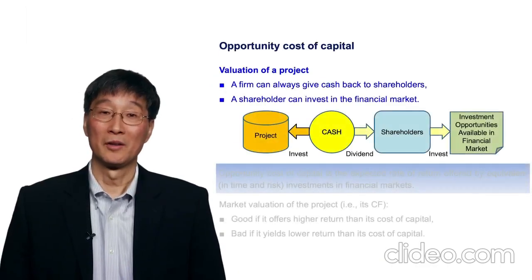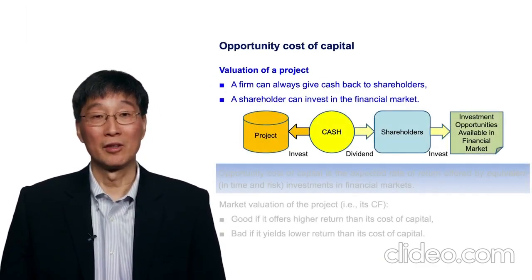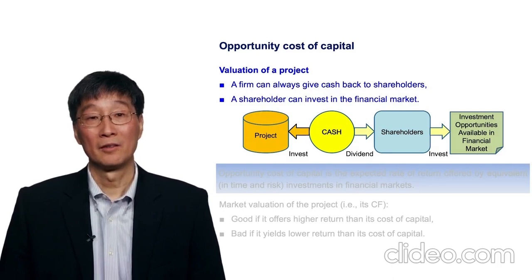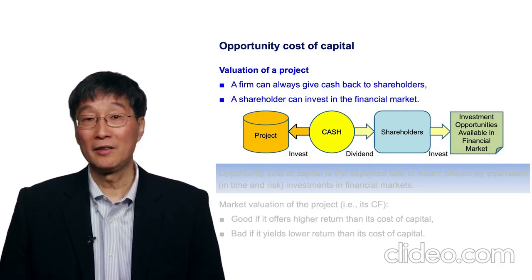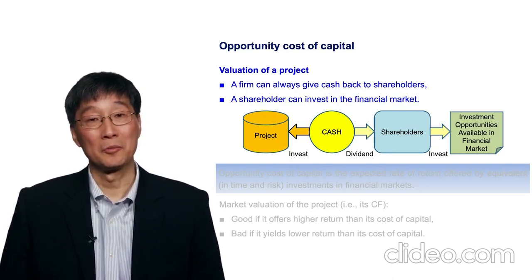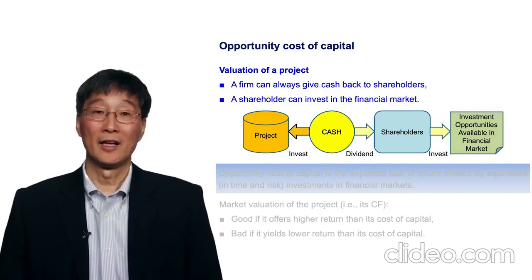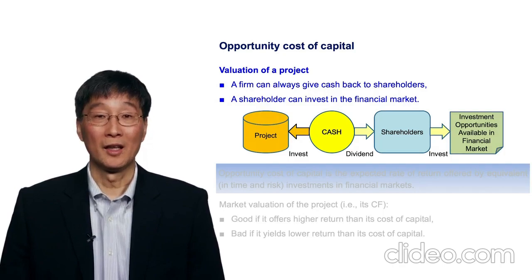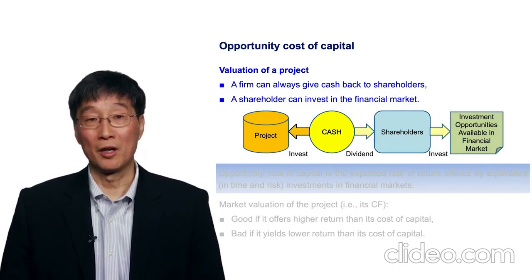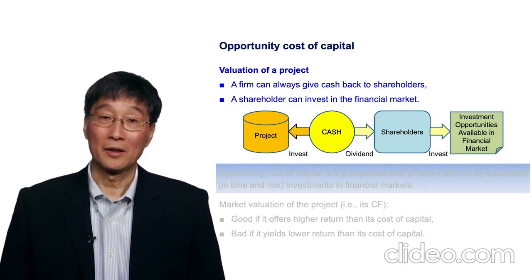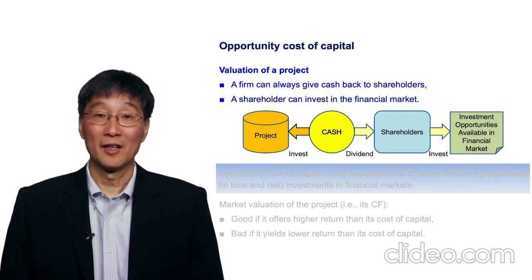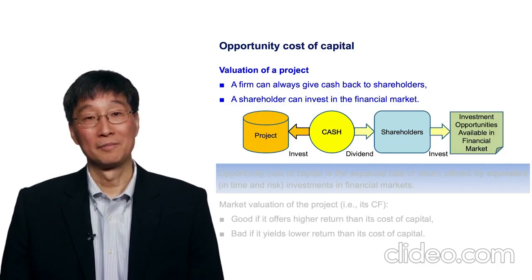First, we know that the manager can always return the cash to the firm's shareholders in the form of a dividend, for example. Second, shareholders can easily invest the money in the financial market. Suppose that investment opportunities in the market with similar timing and risk characteristics as the project offer an expected rate of return R. This then gives us a benchmark to judge the project.